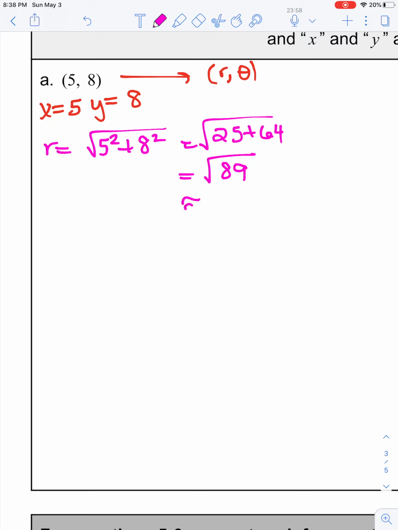And I say that that is approximately 9.434. I'm just plugging that into my calculator and rounding to 3 decimal places like I was told. So that gives us the first component of our polar coordinate, our r value.